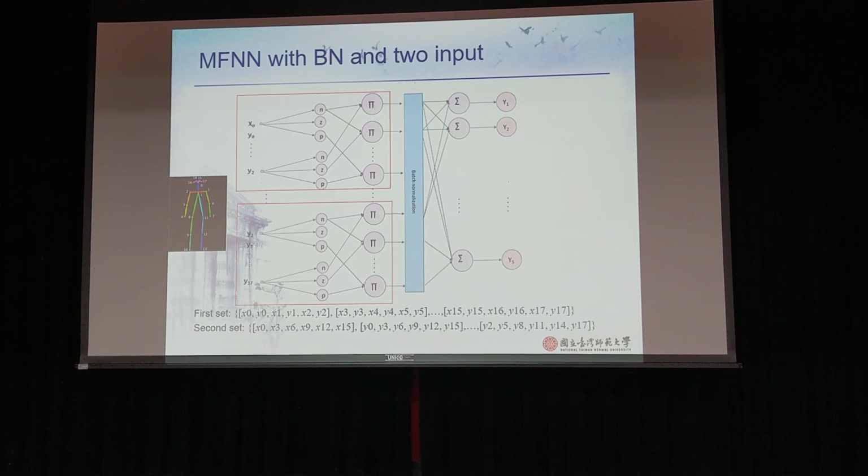And the inputs for our merged fuzzy neural network are the human key points from the pose estimation. It will return 18 key points. We use 2 identical sets of these key points for the merged fuzzy neural network. We merge the two identical inputs in a different way.